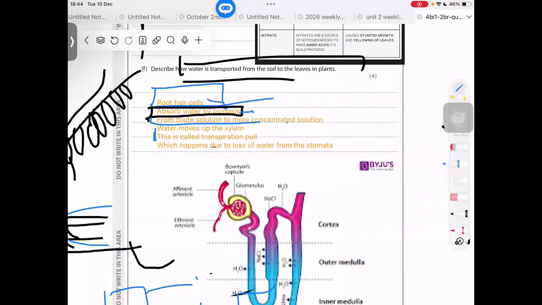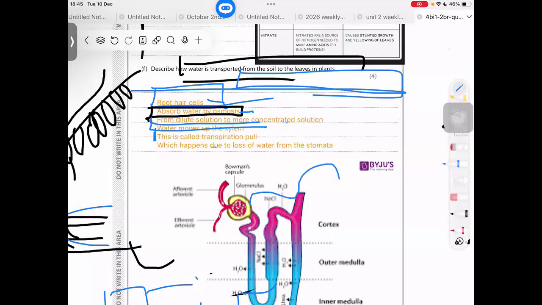If you can say root hair cells increase the surface area for water absorption, that is just one complete answer. It won't take much space either, right? Sometimes even though they have not mentioned the surface area, in another paper they could mention it. So it's always better to write complete answers, because you're writing the paper once.